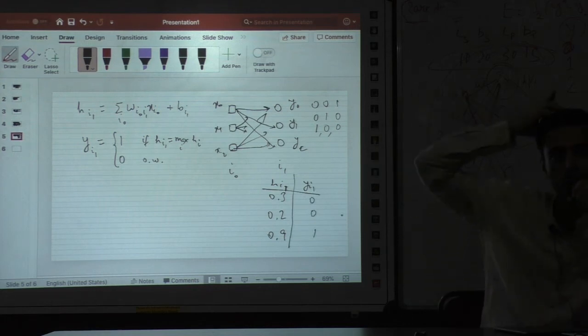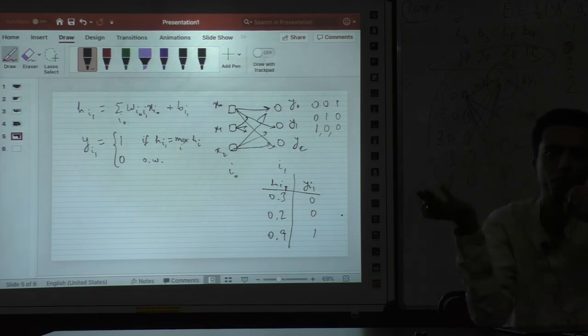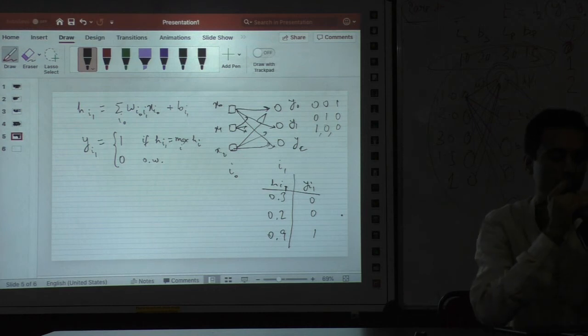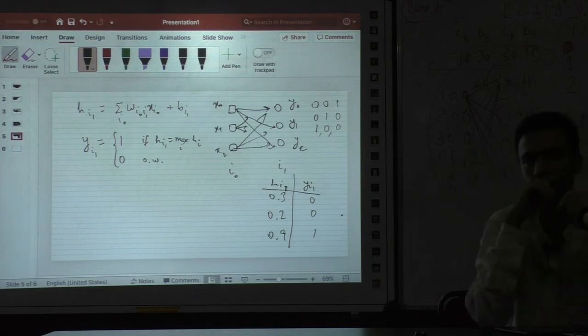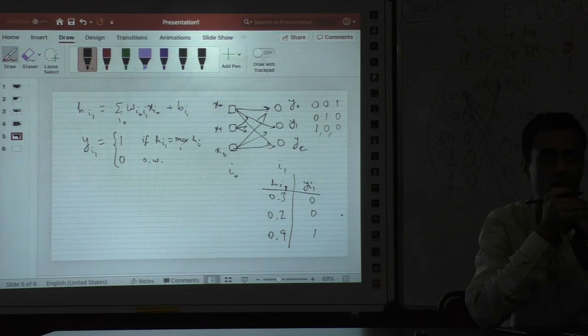Does it make sense? If I do something like this, it is doing what I want it to do. But the problem is that my y is not differentiable now, right? To compute ∂E/∂W, I need a differentiable function, but this function is not differentiable. Can I make it differentiable now?